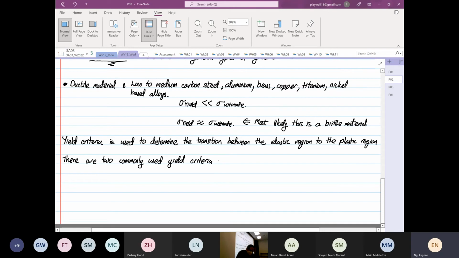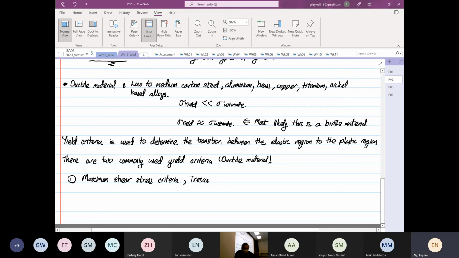And I will put down here, they are very specific for ductile material. One is known as the maximum shear stress criteria, and it's known as Tresca.